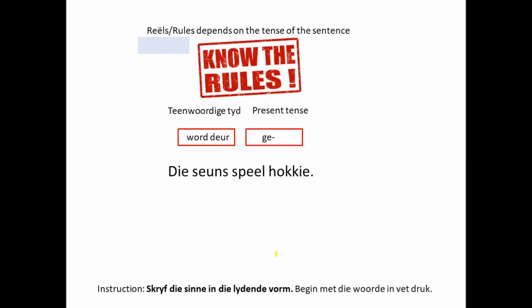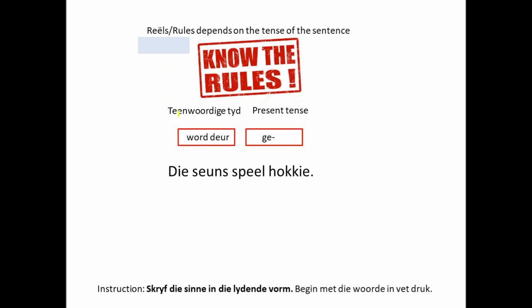So, in Afrikaans, you need to know the rules. So, for Lydende vorm, you need to learn the rules for each tense. If you don't learn and know the rules, you are going to struggle.